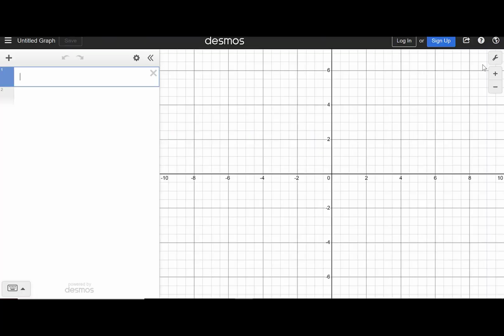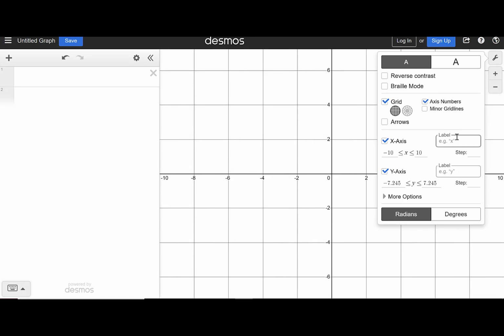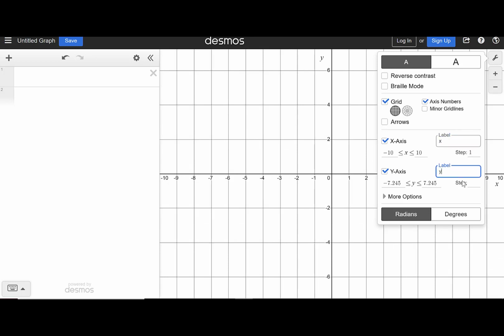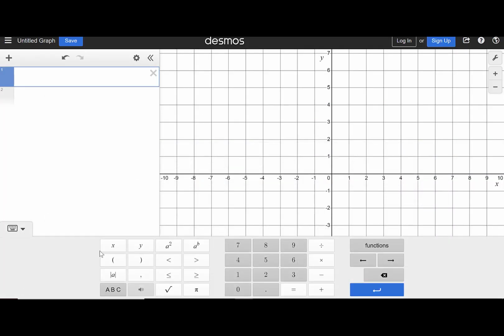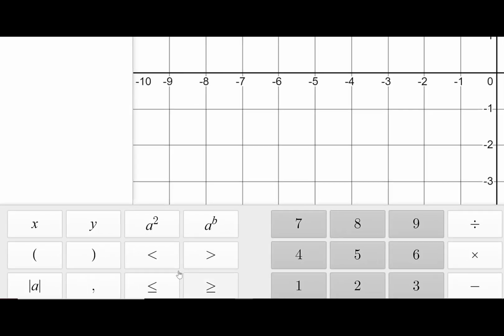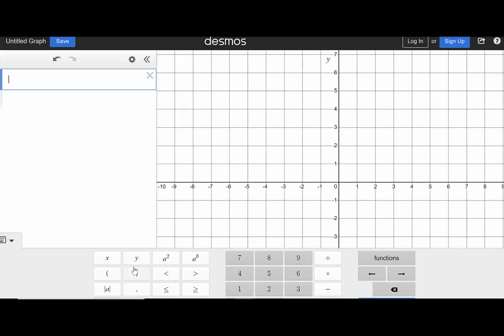So open Desmos, change the settings, and then over here we're going to copy the problem. So click down here. We have the symbols, están aquí.